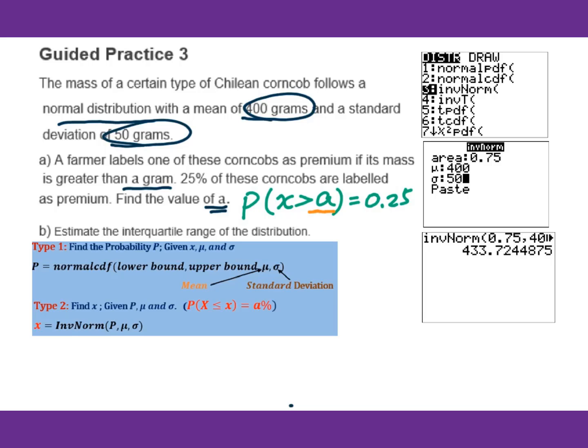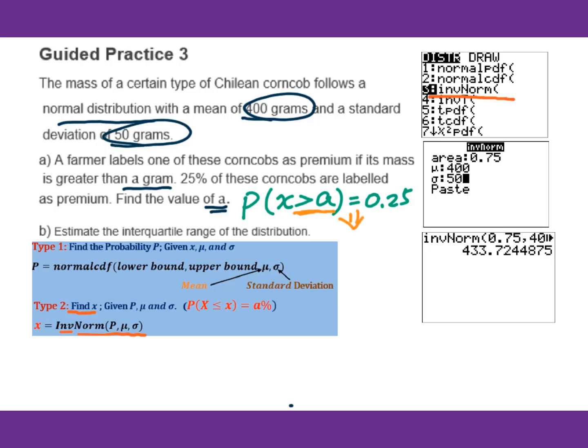If you are looking for this X value, you have to use inverse norm. So on the calculator, distribution, you go to inverse norm. But be careful. You have to make sure this symbol is less than, not greater than.